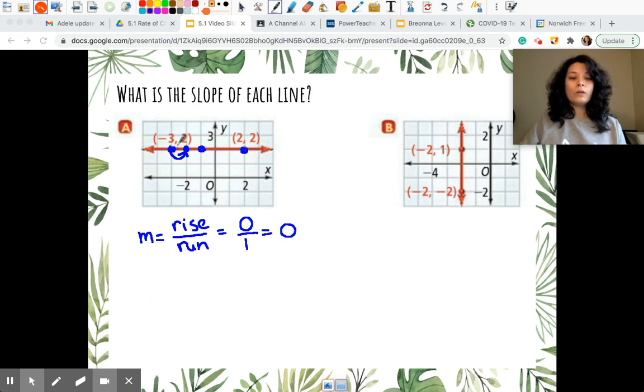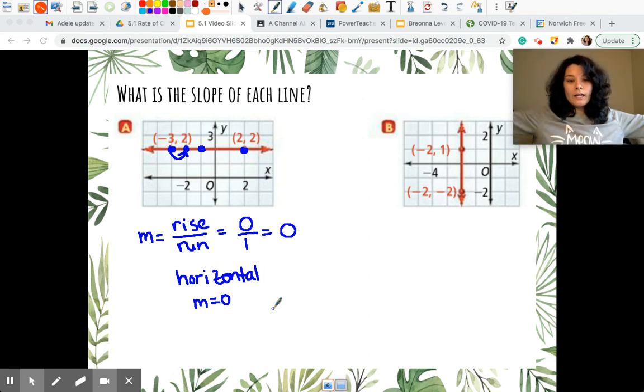Okay, so whenever you're looking at a horizontal line, your slope is going to be 0, no matter what. Slope is always 0 for a horizontal line. I often use the phrase for my students, if it's y, you fly, and we'll learn later that these lines that are straight left and right like this, these are y equals without an x. So this equation would actually be y equals 2.